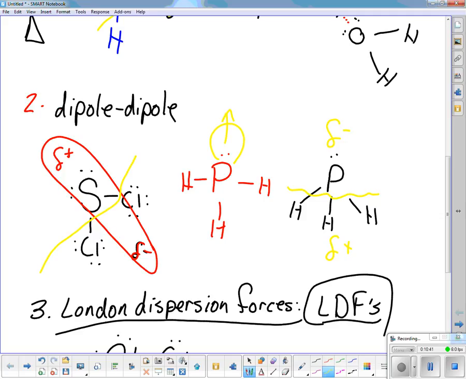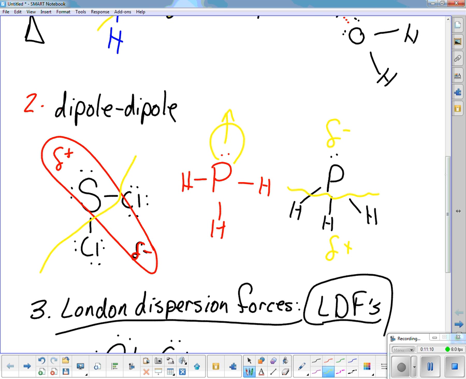So if I have an LDF and I go to a dipole-dipole, I still have a dipole-dipole and an LDF. If I go to a hydrogen bonding, I still have hydrogen bonding, dipole-dipole, and LDF, all going on at the same time. One more time, sorry. Okay. I saw a couple other hands go up. Do we always split it wherever the line bonds are? Yeah, you usually want to split it so it's separated.